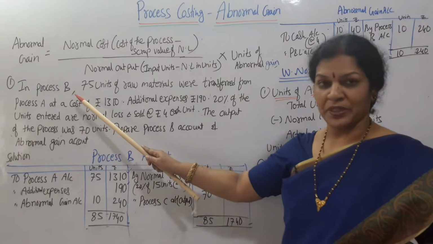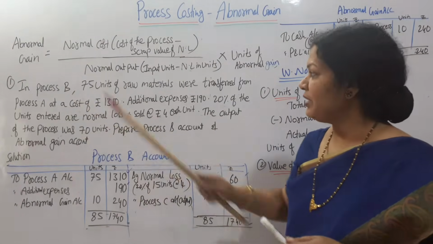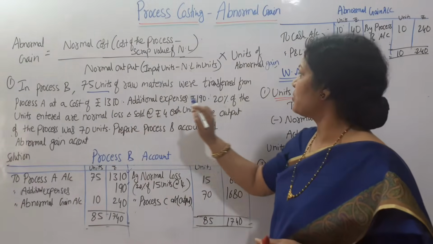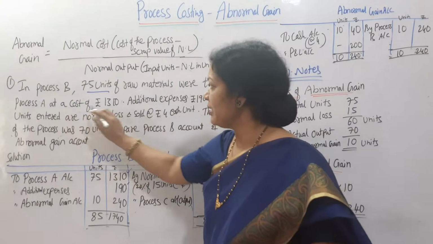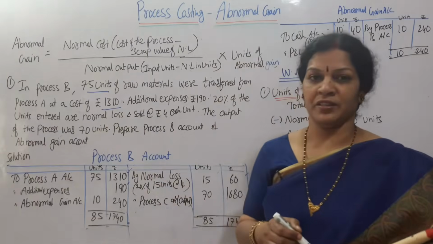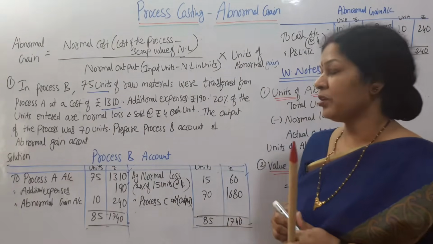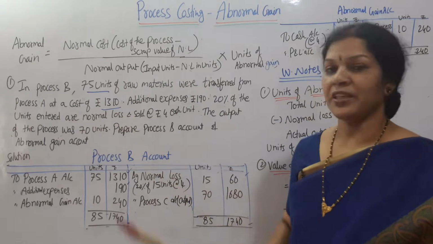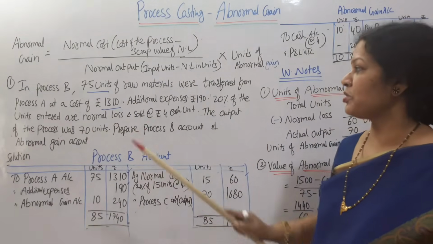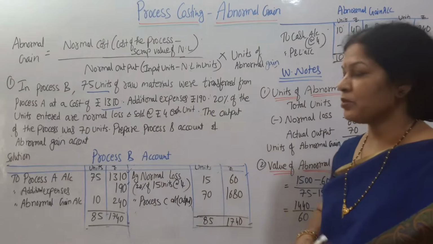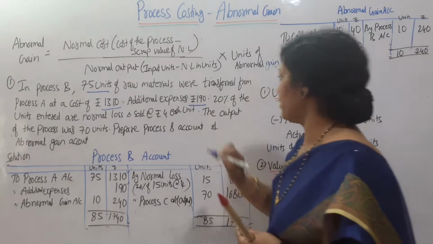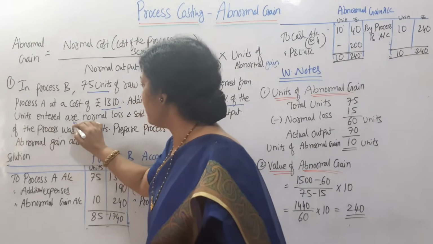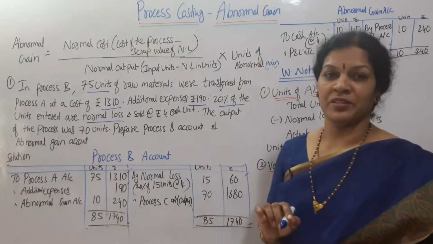Okay, now see the problem. In process B, 75 units of raw material were transferred from process A at a cost of 1310. Process B, total units are 75 units and the cost is 1310. Additional expenses are 190, and 20% of the units entered are normal loss.